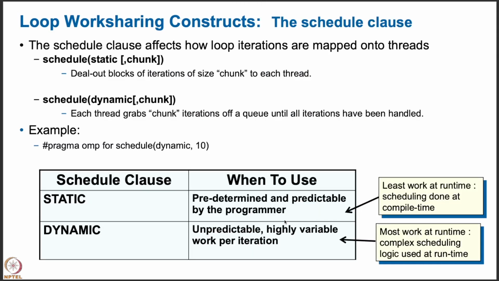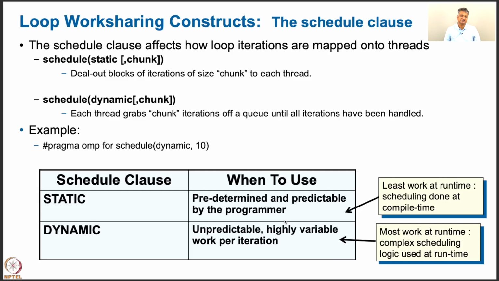In static scheduling, the scheduling is done at compile time, so you don't have to estimate the work sizes, you don't have to figure out what the workload is, and so on. So from a programmatic perspective, it's faster scheduling, but you're hoping that the work is uniform. With dynamic scheduling, you need to put in extra effort to do scheduling during runtime, because if there is a lot of variable work per iteration, you don't know when the threads would finish.